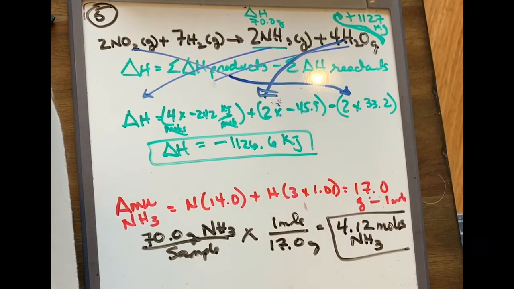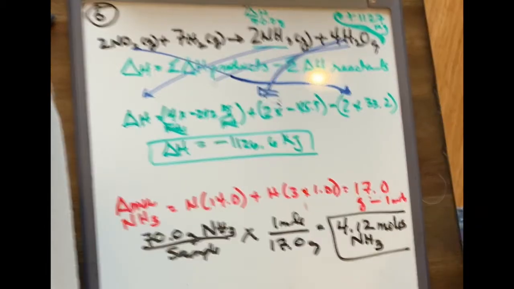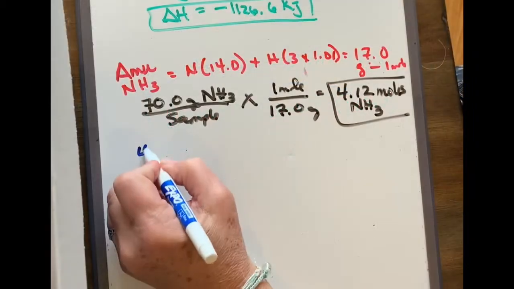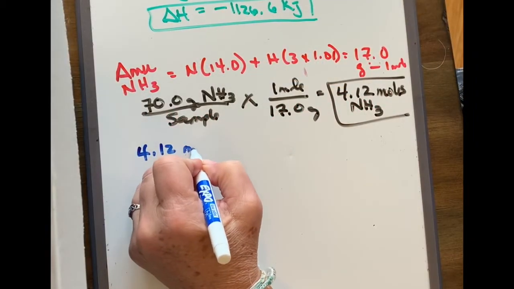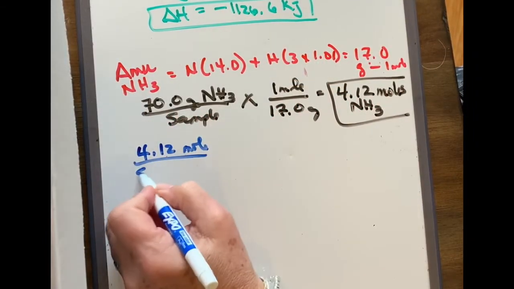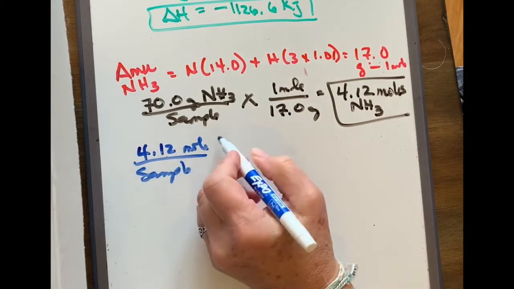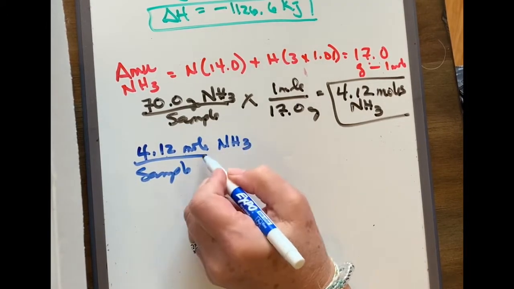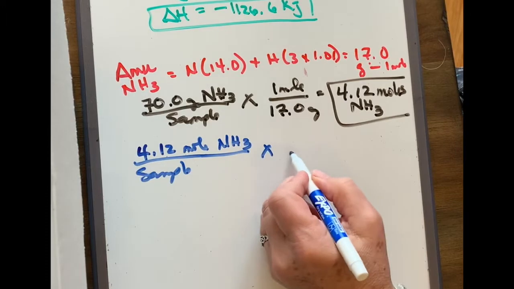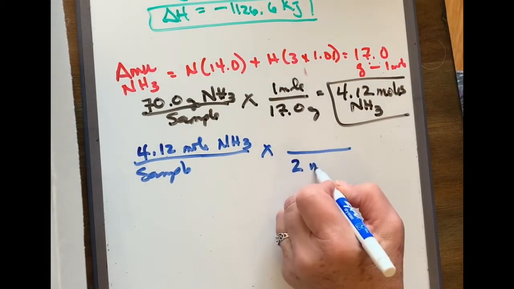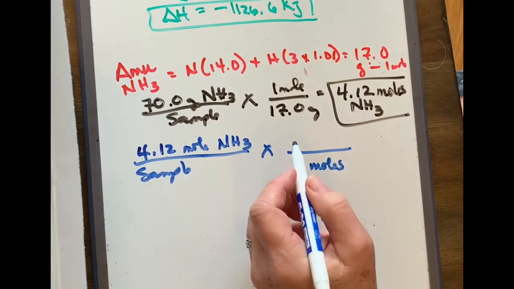So now we can use our comparison of this to this and find out how much energy was released. So we take 4.12 moles. That's our sample. This should be familiar to you because we've done this 100,000 times, except we're now converting to energy. So for every 2 moles, that goes on the bottom because we're converting out of it.